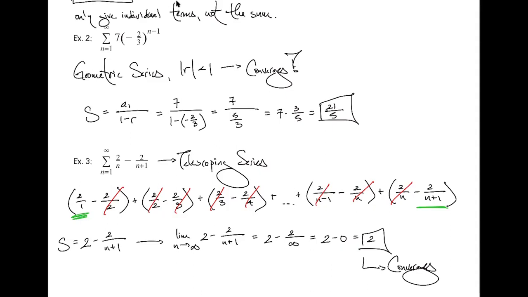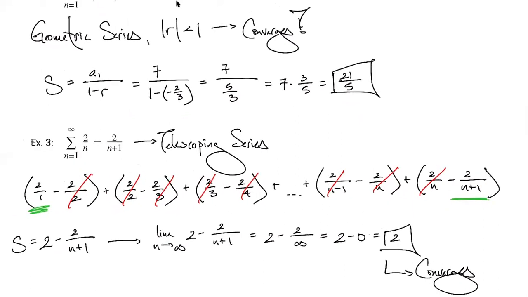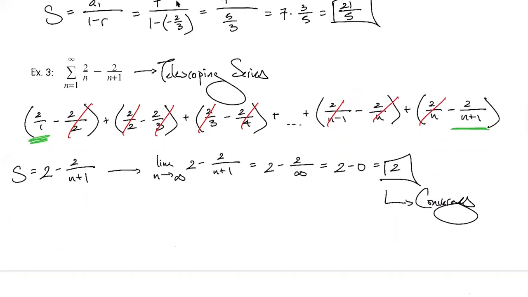I'm just a little confused on how you know what terms to pick, like 2 over n minus 1 minus 2 over n in the parentheses. How did you know to pick those two? It's just the regular functions but switched. Okay. So when I'm writing out a few terms, this is a sub 1, right?